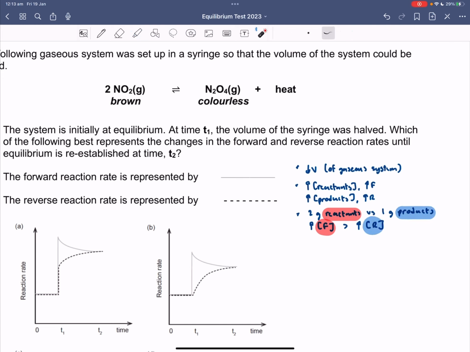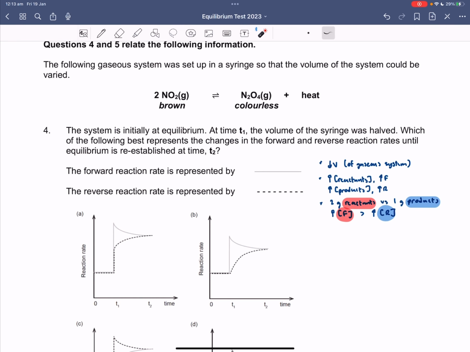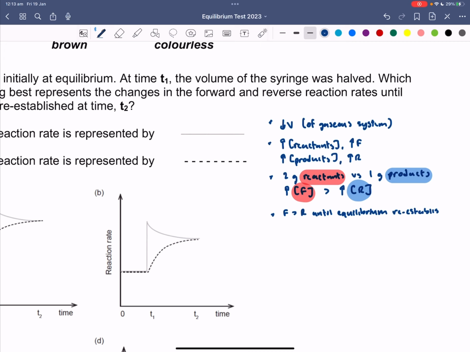So the fact that there are more reactants than products means that the forward reaction rate increases by a greater amount than the reverse reaction rate, as per collision theory. That means the forward reaction rate is greater than the reverse until equilibrium is re-established. That's a typical collision theory response.